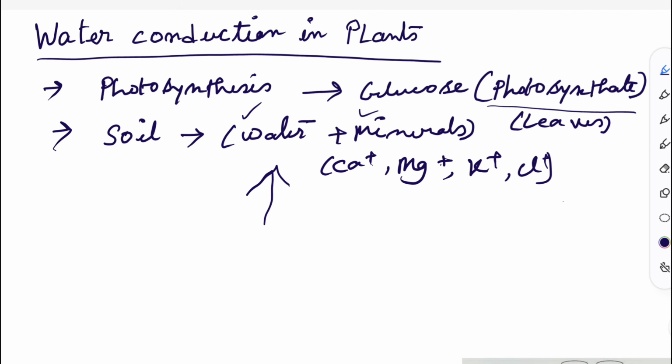And the food that they have prepared, the glucose, or here we will say photosynthate, needs to travel everywhere throughout the plant so that it can reach all the parts, because without food the plant parts will not survive. As I have said earlier, the upward carrying is done by xylem.